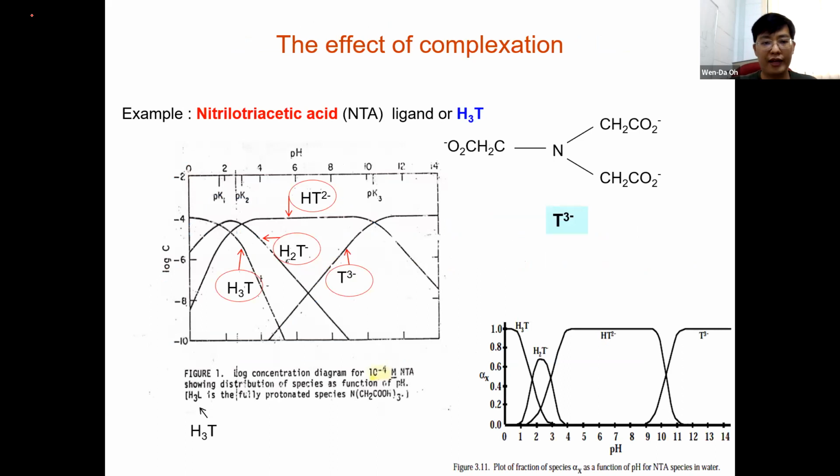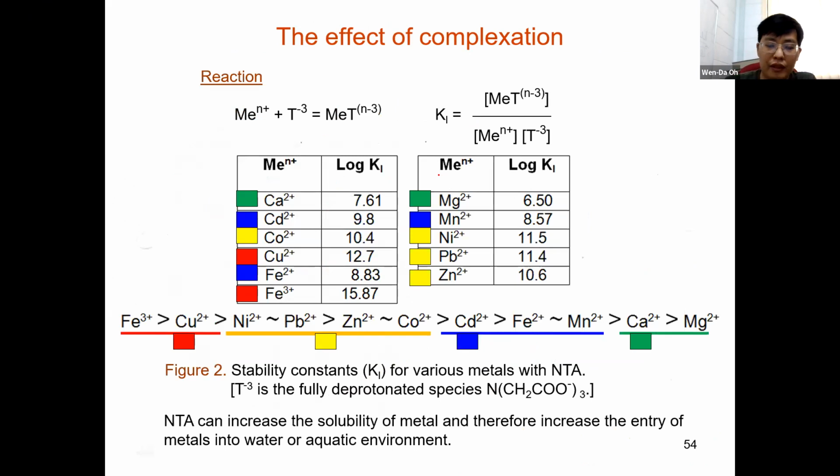Sometimes if you have a complexation reaction happening, you can actually increase the solubility of that particular heavy metal. Just to give you an example of how complexation can increase solubility, we look at this chemical, nitrilotriacetic acid, or NTA. This NTA is a chemical that can complex with lead. In terms of the strength of complexation, different heavy metals have different strengths: Fe3+ is more than Cu, is more than nickel, is more than cadmium, and so on.